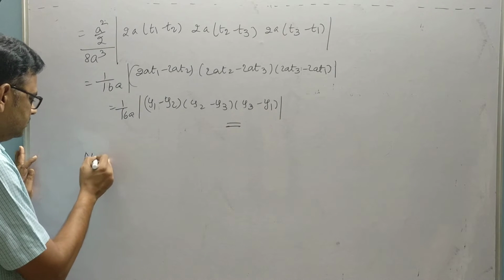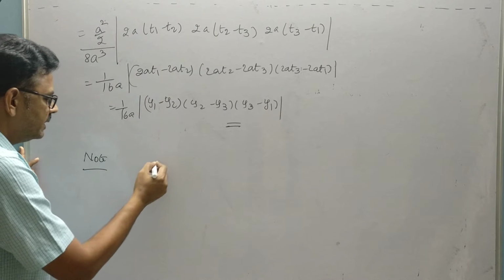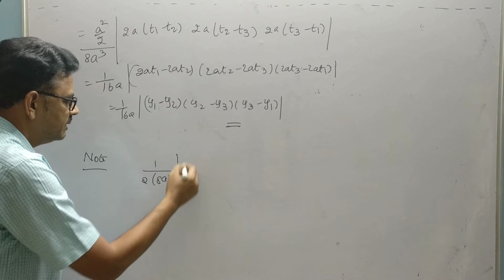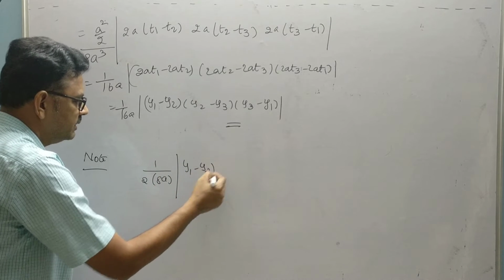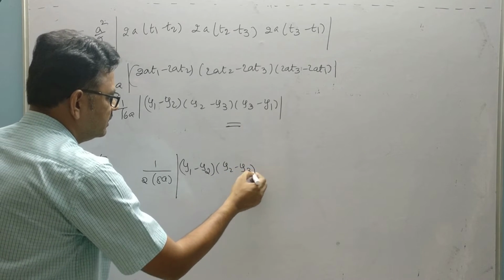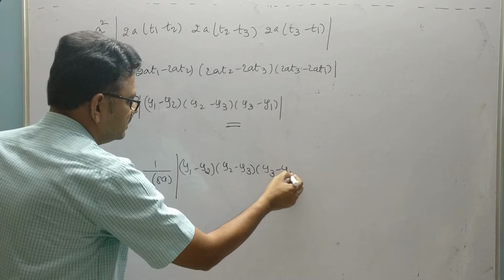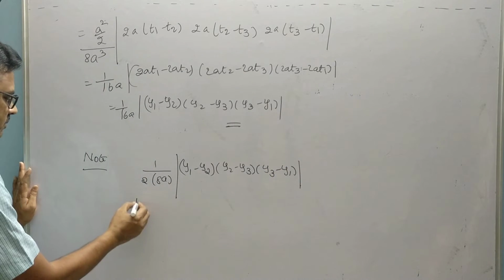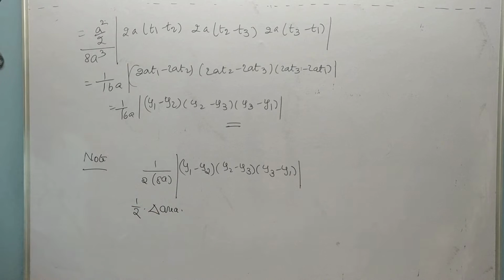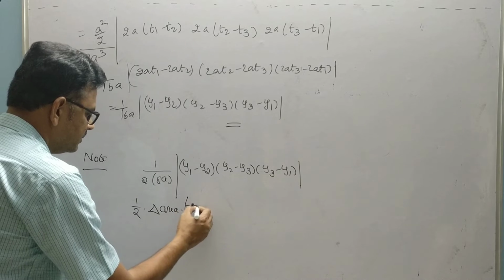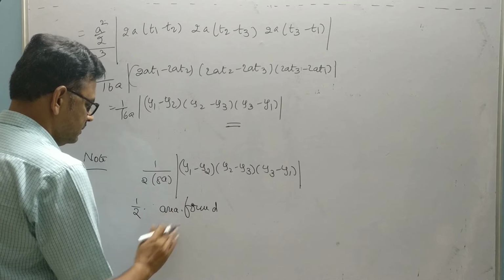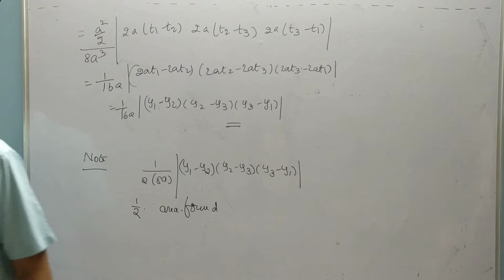So note this, we write 1 by 2 into 8a into the determinant of y1 minus y2 into y2 minus y3 into y3 minus y1, that is equal to half of this area of the triangle formed by the points, the area of the triangle inscribed in the parabola.